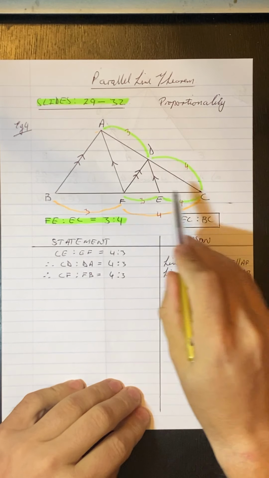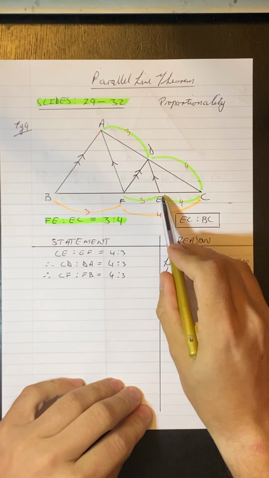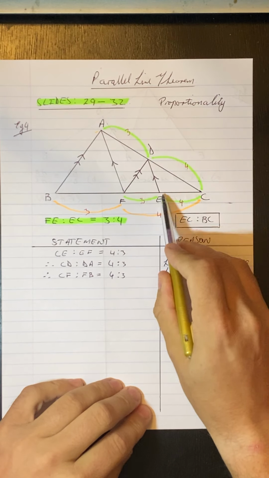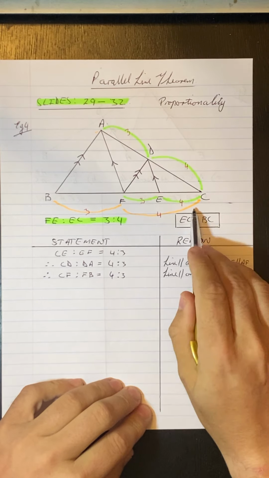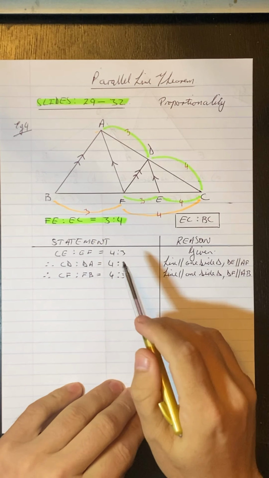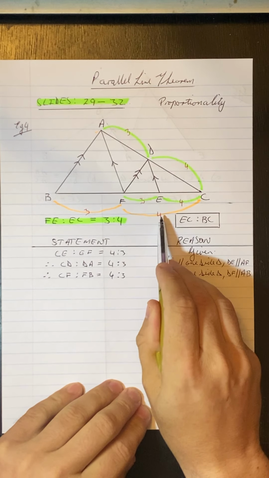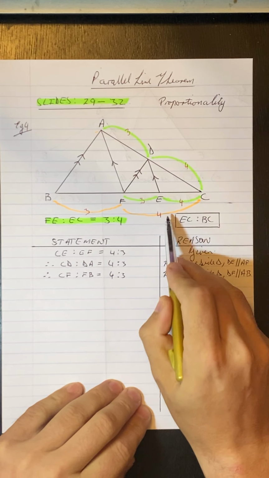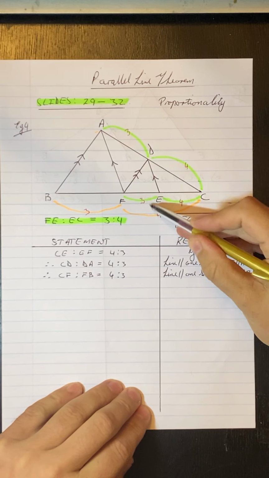EC, BC. So what I want to do now is I want to find EC on its own, okay, in terms of the orange bits. You see, because we have BC in terms of the orange, it'll be 7. But what is EC in terms of the orange? And now this is where it comes with the overlap of your ratios.